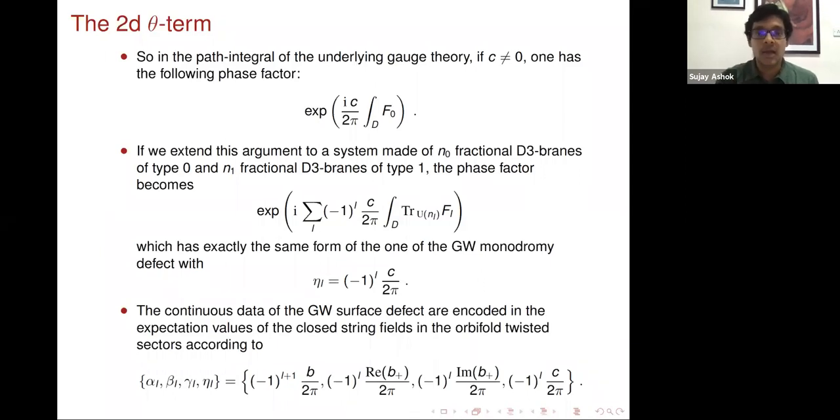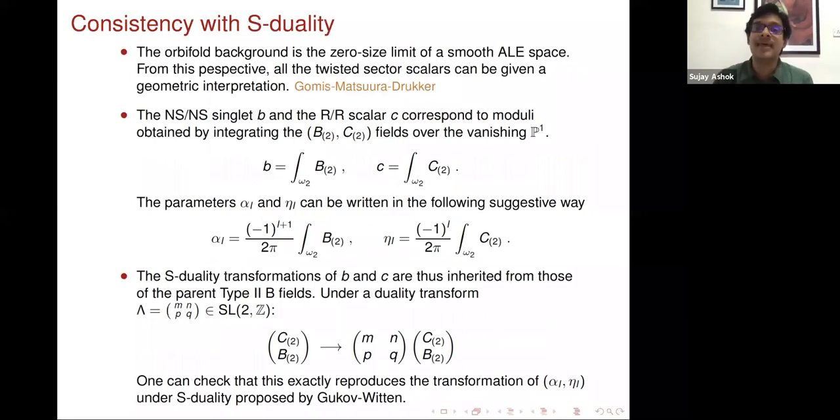Okay. So now we said at the very beginning, we have to check that what we have is consistent with the known S-duality transformations of alpha, beta, gamma, and delta that Gukov and Witten proposed. And here we use the fact that if you blow up this orbifold, what you get is a smooth ALE space.